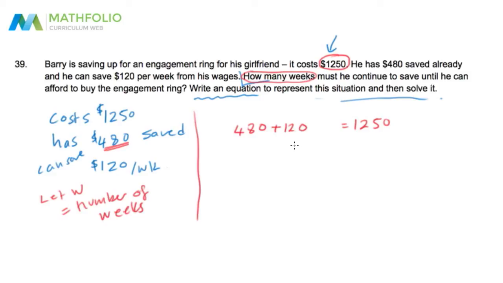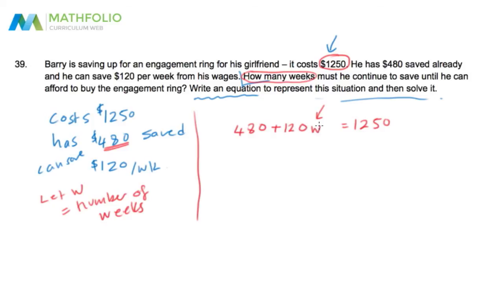If it's 10 weeks, we would add 120 times 10. If it was 1 week, we would add 120 times 1. However many weeks there are, we would multiply by the 120. And we've said let W equal that number of weeks. So whatever the W is, whatever the number of weeks is, we're going to multiply it by 120.